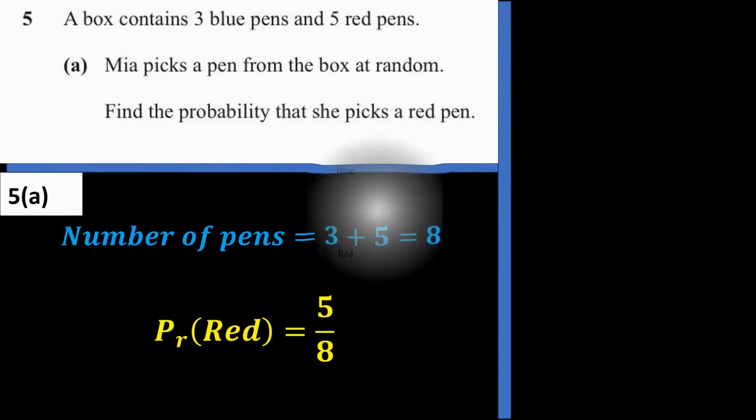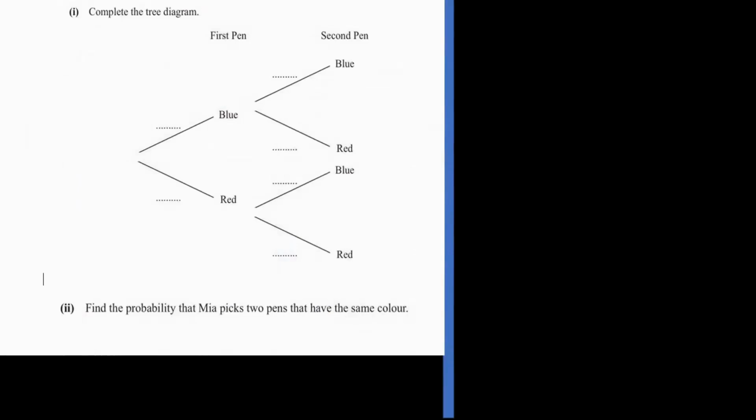All right. So let's now go to the next question. Here we have to complete the tree diagram, and then we'll use that to do the B part. The blue, we have 3/8 for blue, and then remember 5/8 for red. Since this is done with replacement, even though it's not mentioned, as it's not mentioned, it's taken to be with replacement.